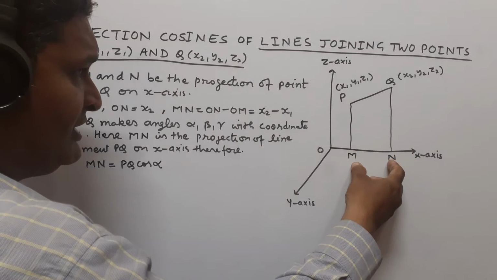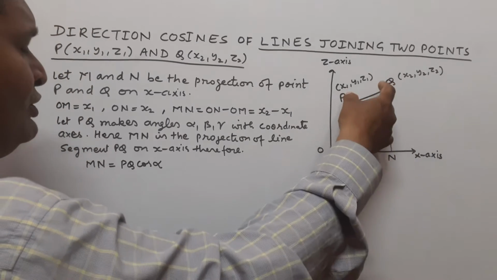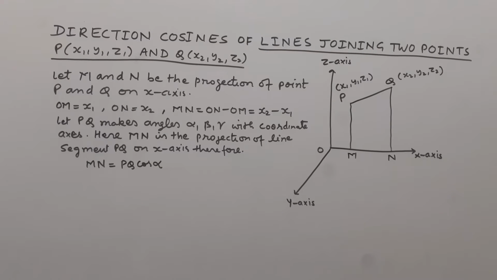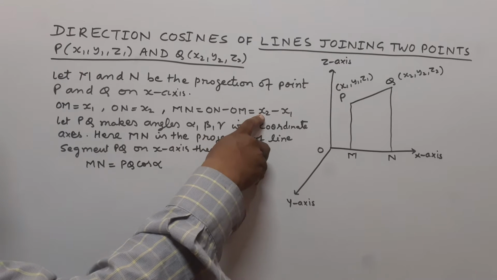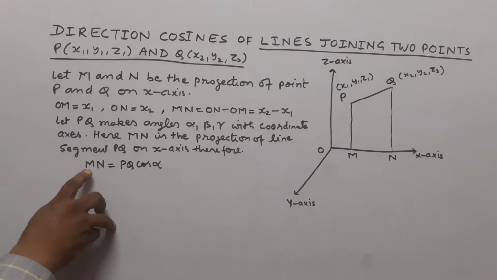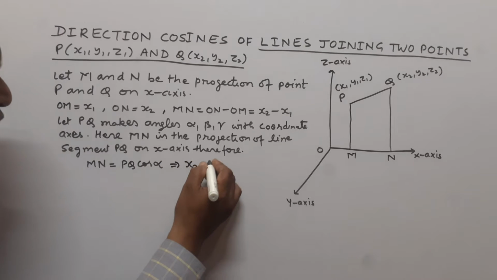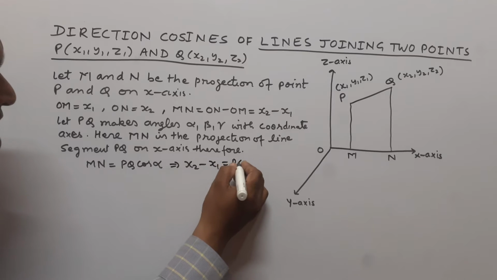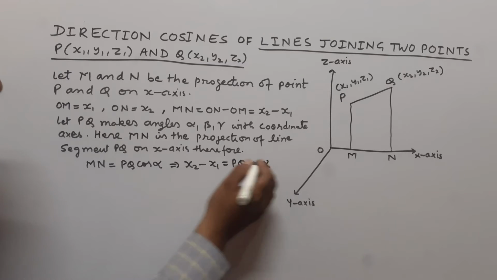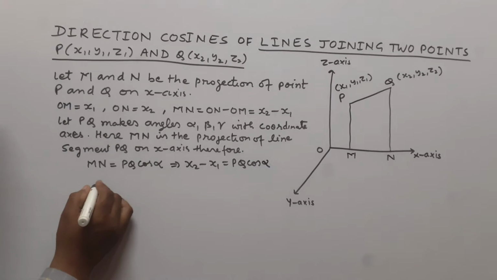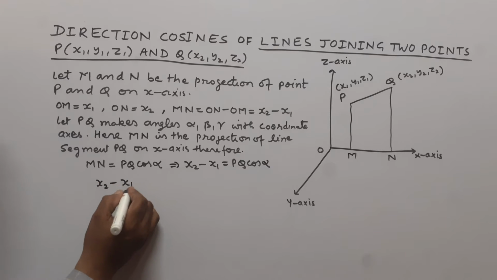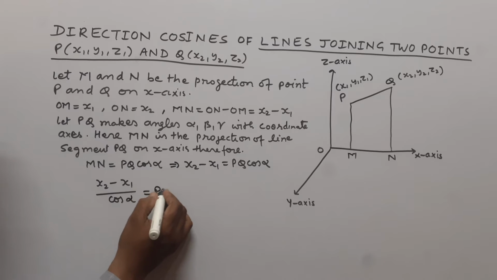So projection MN equals PQ cos alpha. Here we know that MN is equal to x2 minus x1. So in place of MN we put x2 minus x1 is equal to PQ cos alpha. So from here we can write (x2 minus x1) upon cos alpha is equal to PQ.